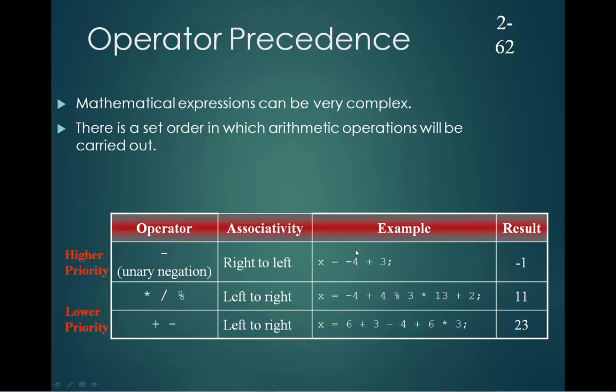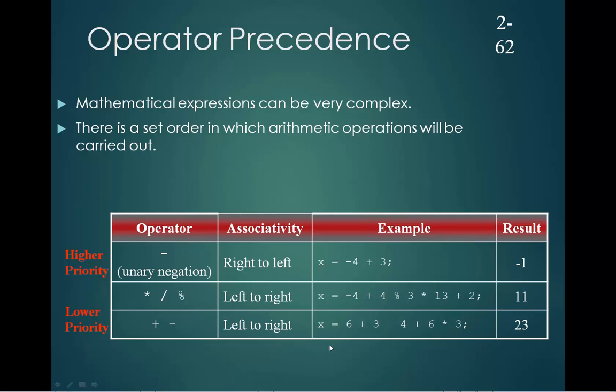So in other words, this -4 includes the unary negation operator. Okay, and then multiplication, division, and modulus arithmetic are the next highest priority, and then lower priority is plus or minus. So this may be similar to you, or you may have learned PEDMAS in school. And we have a similar hierarchy of operator precedence.